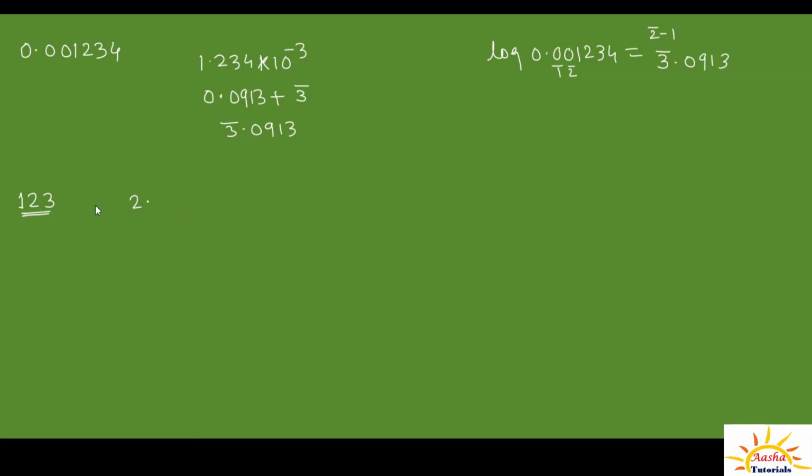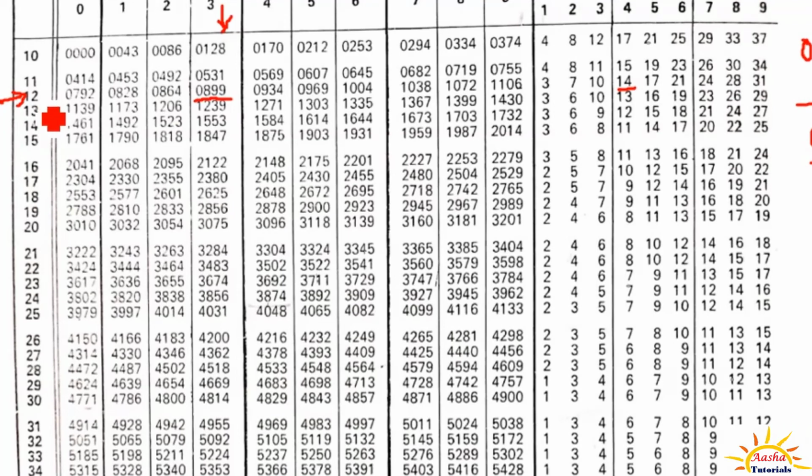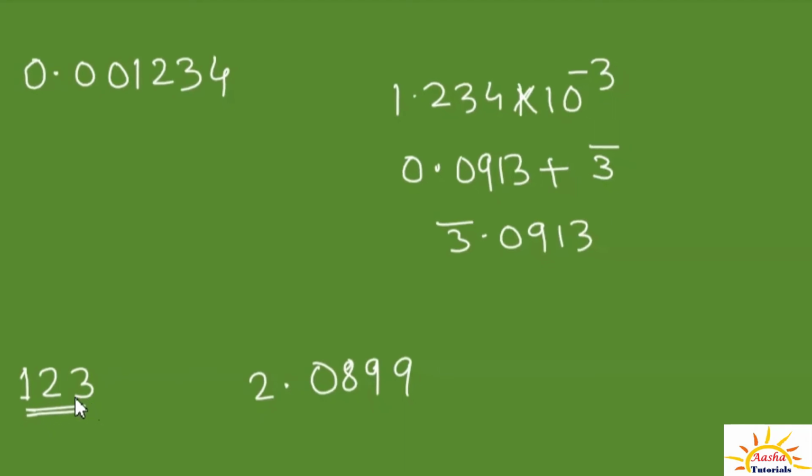So let's see what is the log of 12 in 3. Here in this table you see the log of 12 in the third column, that is 0899. So let me write the same number here. This is 0899. So this is the log of 123.